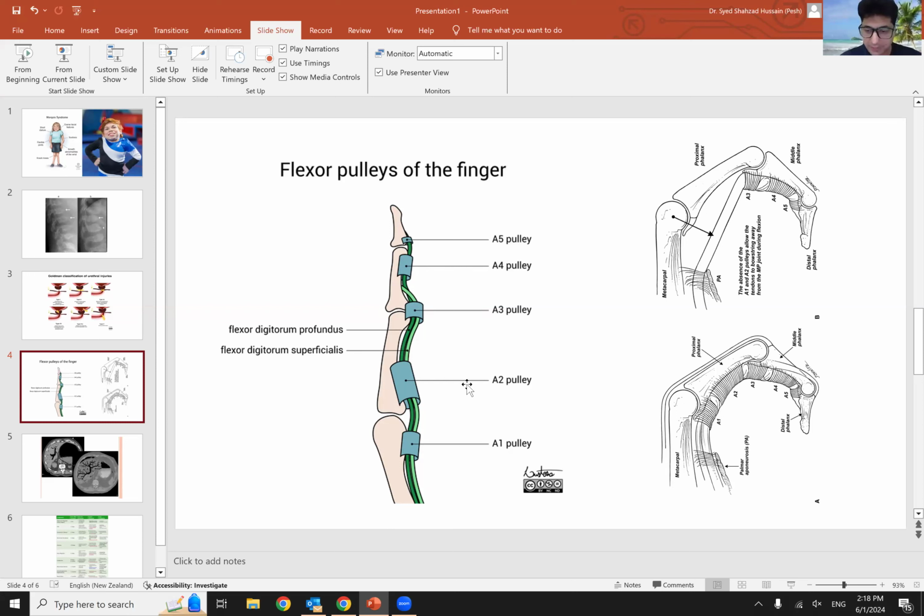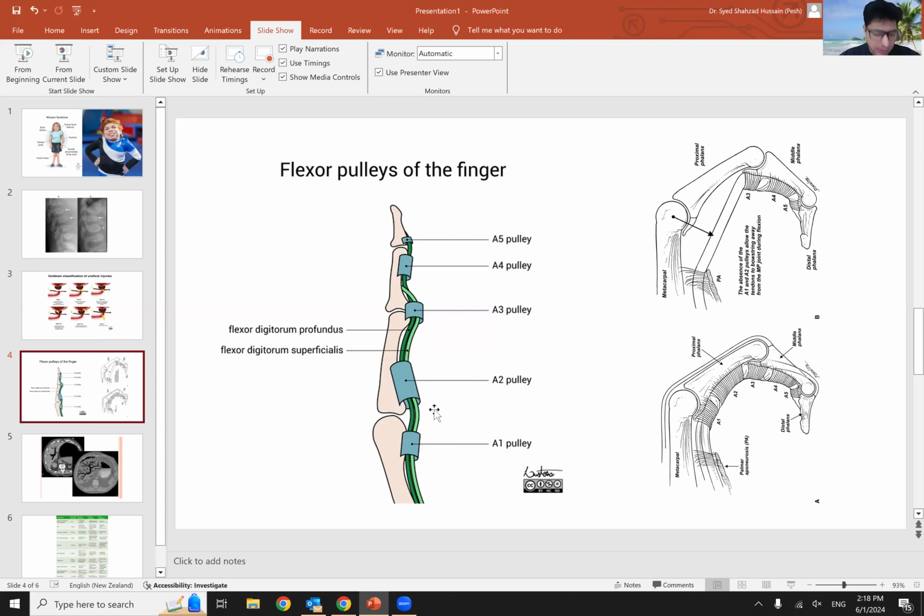stuck down to the bone, right? Now, by far the most common, because the most under stress joint is this one in climbers. So if the word climber, mountain climber, professional climber, or competitive climber comes up and they're asking about the pulley, they're asking about the A2 pulley.